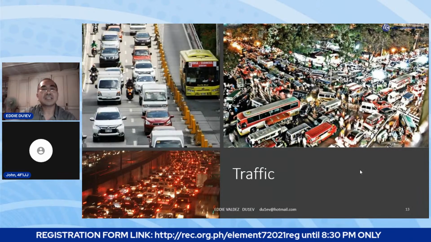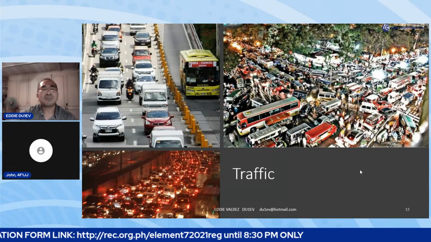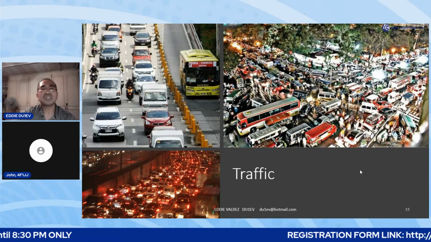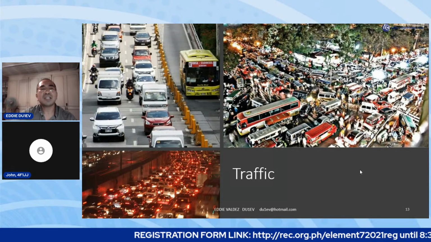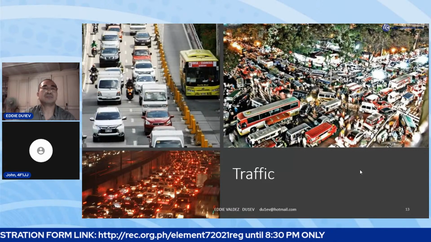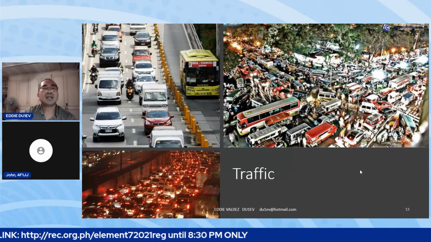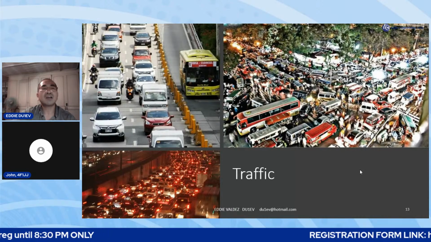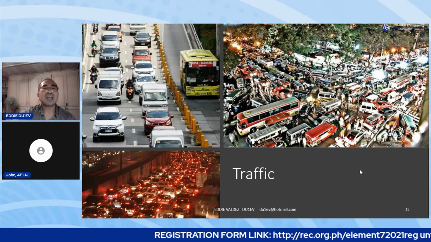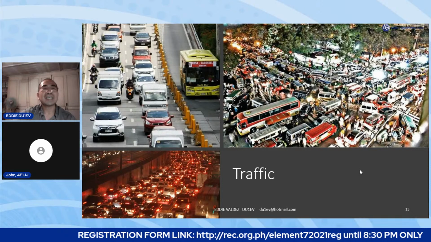Alright, so if you look at EDSA on the picture, the rightmost lane is now the bus lane. Okay? So yung mga bus dyan dumadaan ngayon. Dati, looking at the picture, the leftmost lane should be the bus lane. Now it's the rightmost lane. And then the middle lane and the leftmost lane are for vehicles. Meron ding tinatawag na motorcycle lane.